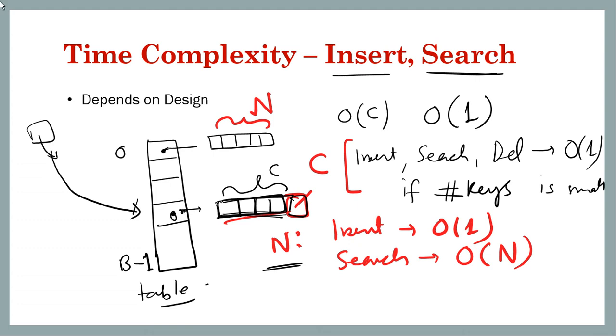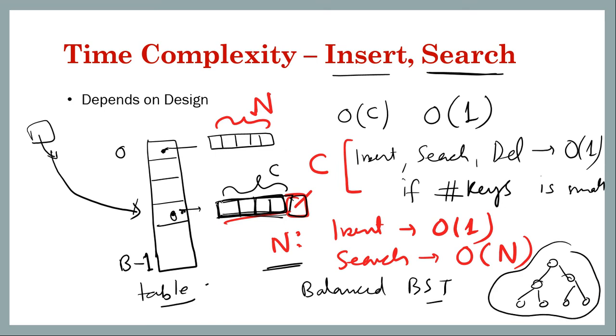In such a case you may use, let's say, a balanced binary search tree. Keep in mind that these all keys are within the same bucket. We are talking about within a bucket.